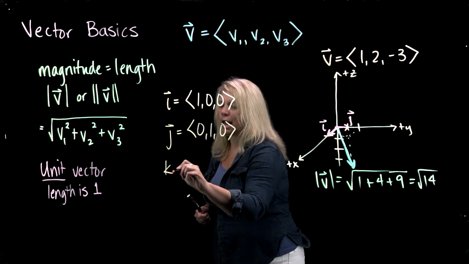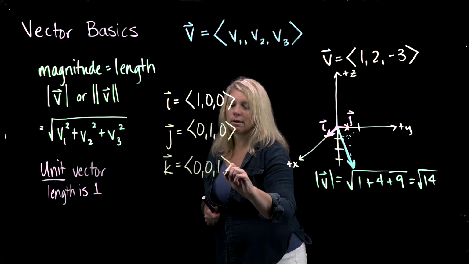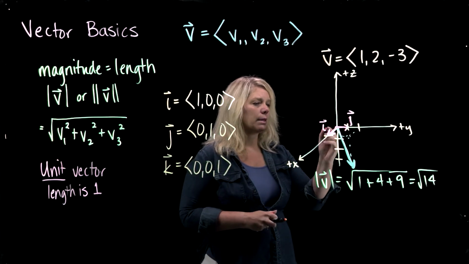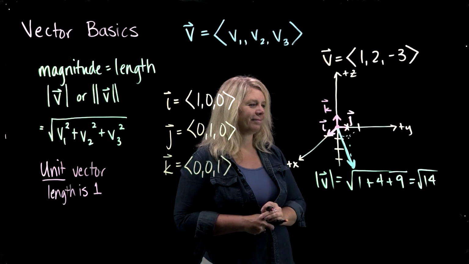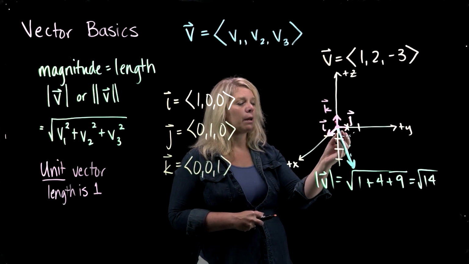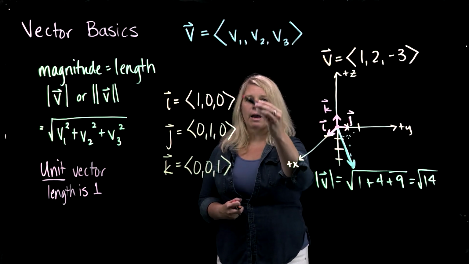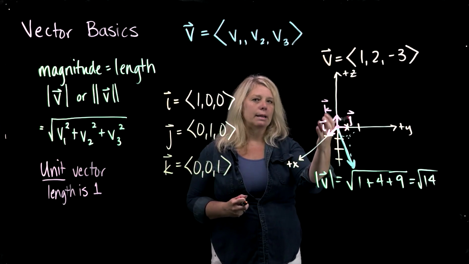And then the vector k is the vector 0, 0, 1. And so that one with tail at the origin just goes 1 unit up. So you can see that these i, j, k vectors basically construct our x, y, and z axes here.